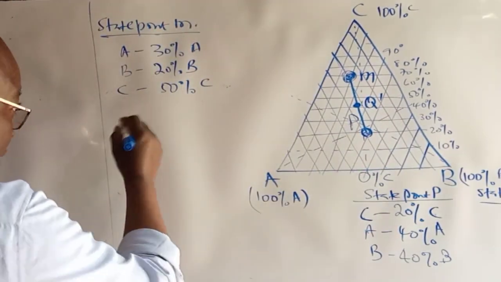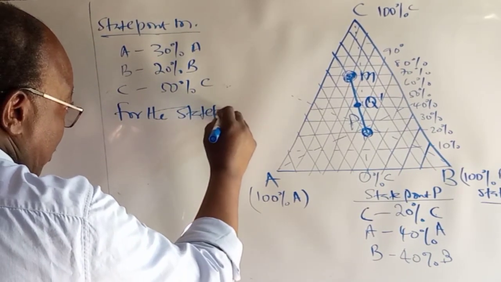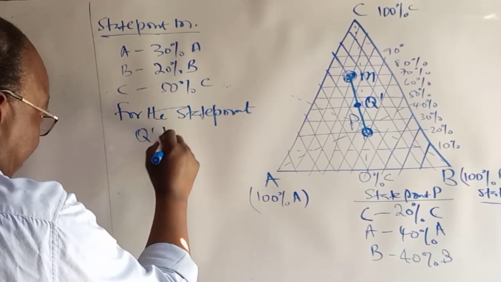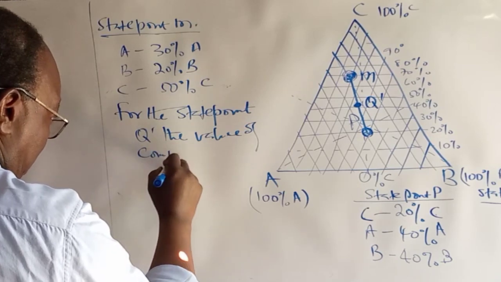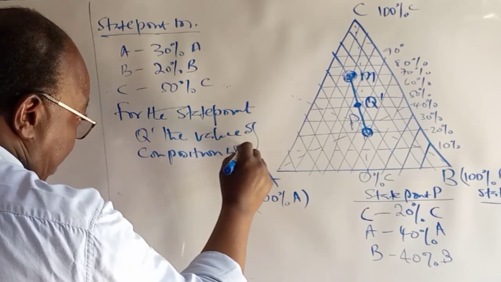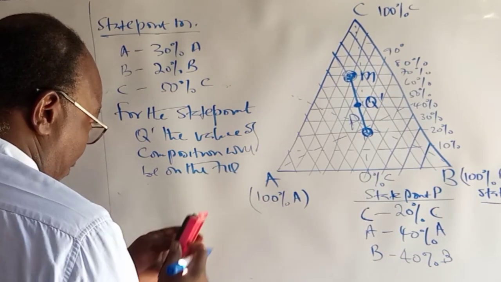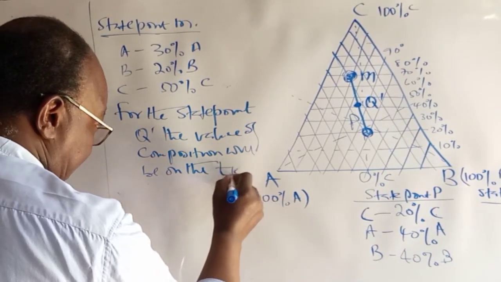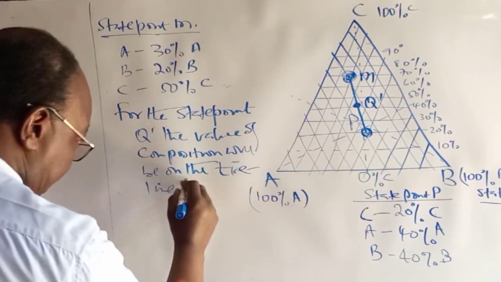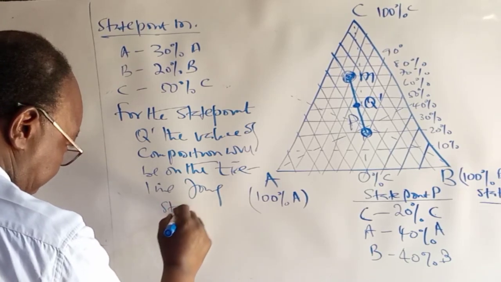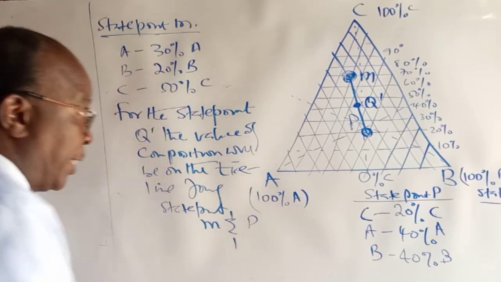So note that for the state point Q prime, the value composition will be on the tie line joining state points M and P. Very important for us to note.